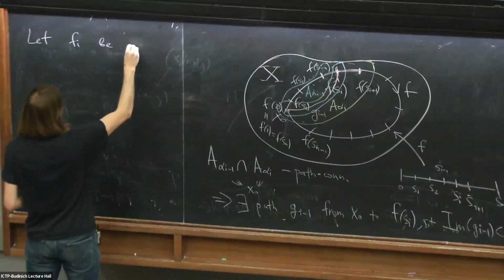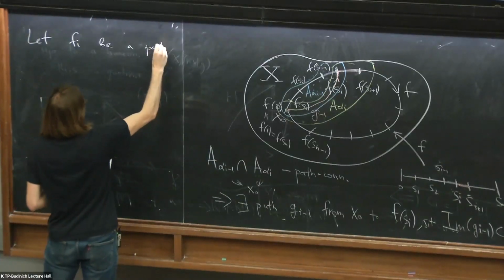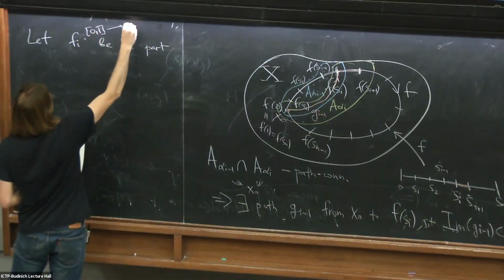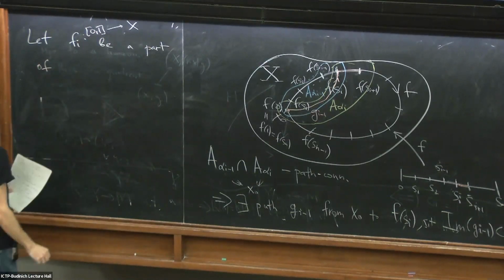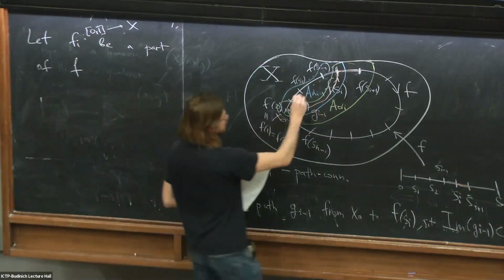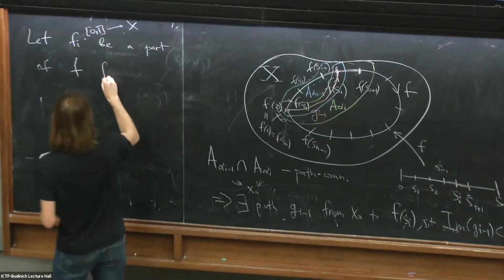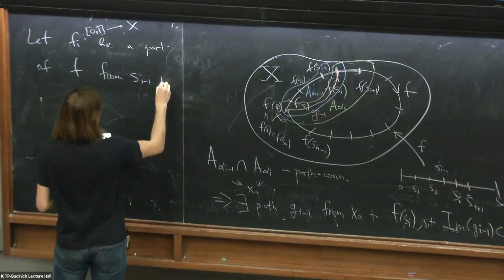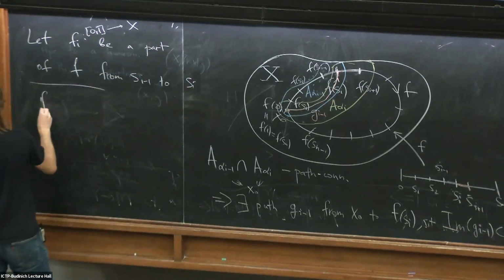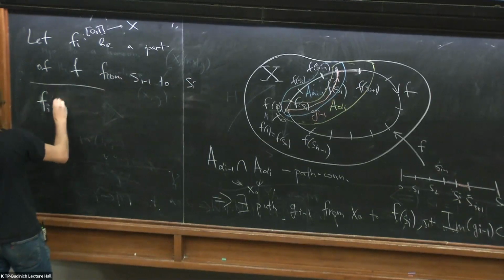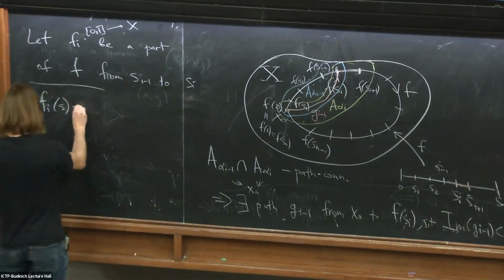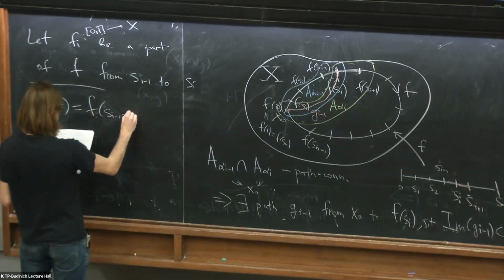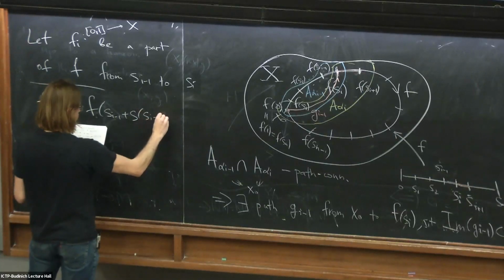In words, we can define this f i to be a path, still a map from an interval to X, which is a part of f, our big path which we started with, from s i minus 1 to s i. More explicitly, as a function on the interval, f i of s is given by the value of f with a certain rescaling and shift of the argument.